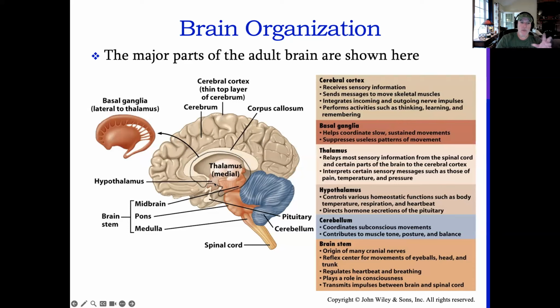And you can see the different parts that make up each one of those different regions. This little table breaks down the main functions or main characteristics of those different parts of the brain. So this will be a good little study table for you to use. So maybe make a note of this study table so you can come back to it and help you summarize what these different parts of the brain do.